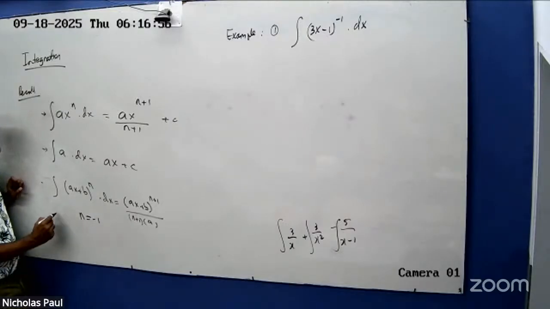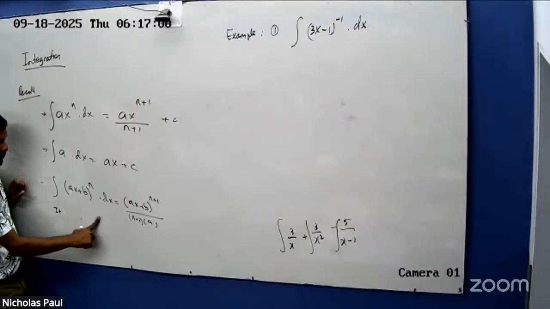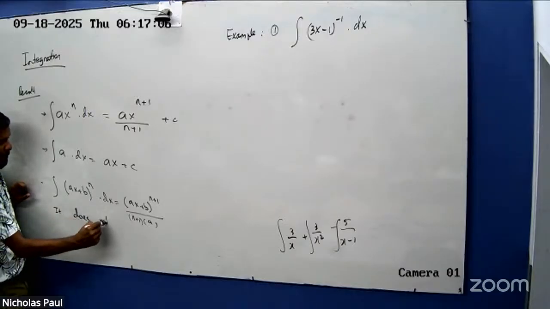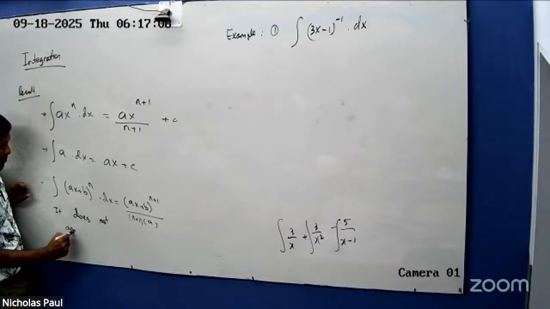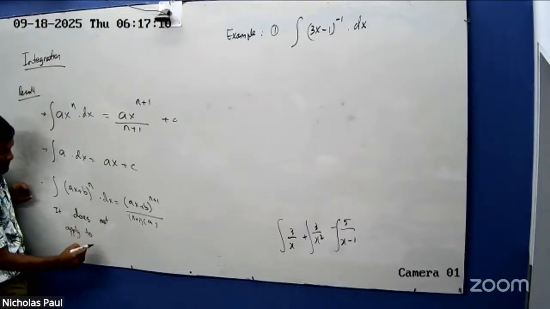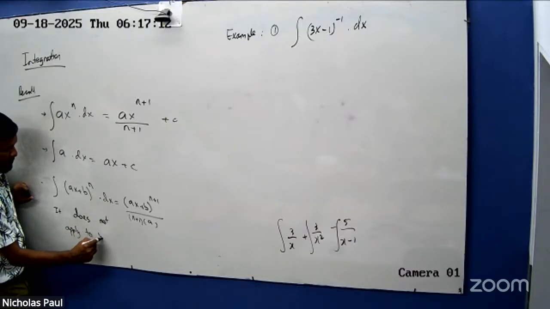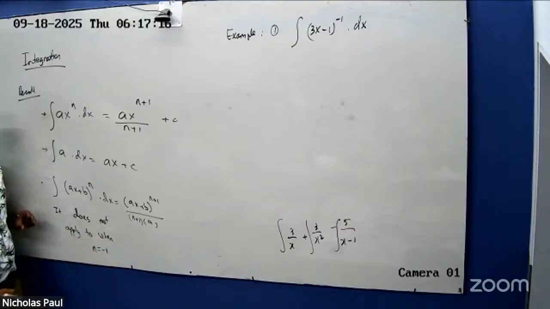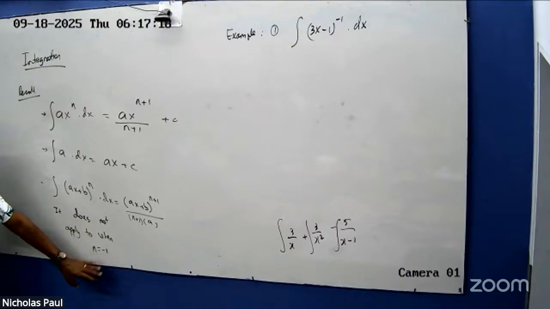So note that, it doesn't apply to when n is -1. And I'll show you how to handle that shortly, right?